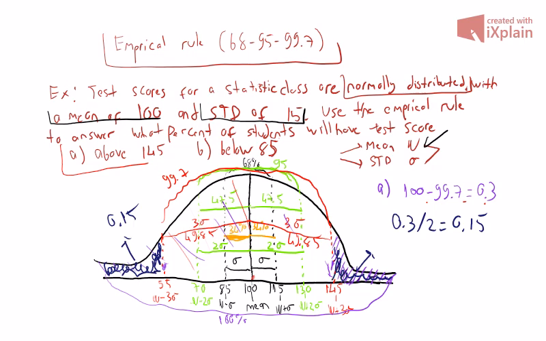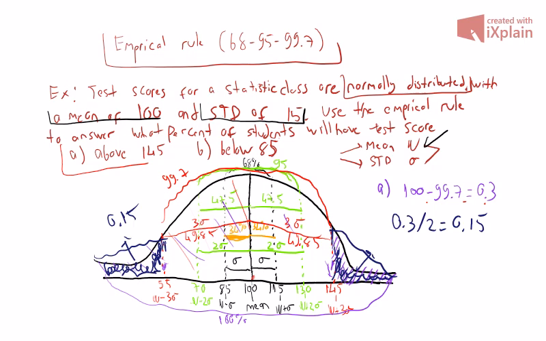Again, let's explain this again. The question was asking us to calculate the area over 145, which is this area. Since the whole normal distribution is 100%, and since the area between those two red lines, which is here and here, is 99.7%, I take the difference. The difference is 0.3%. So the remaining area is this and this.